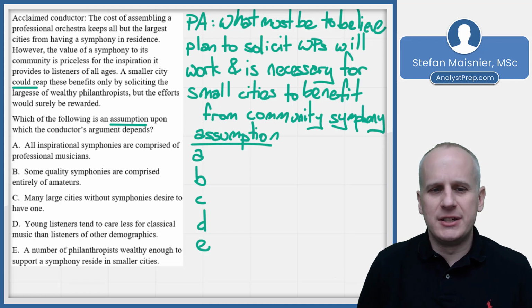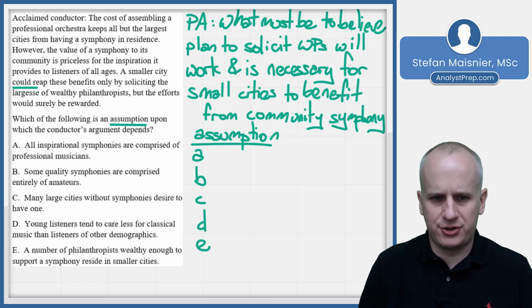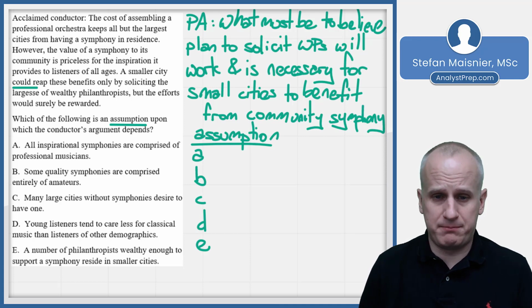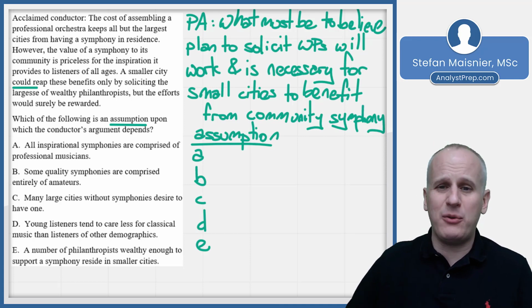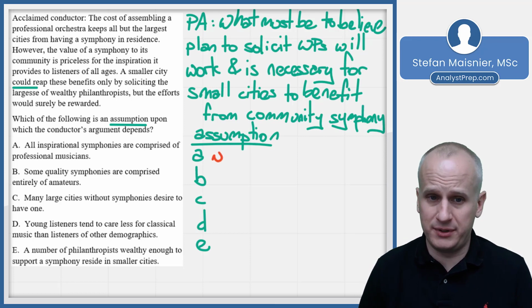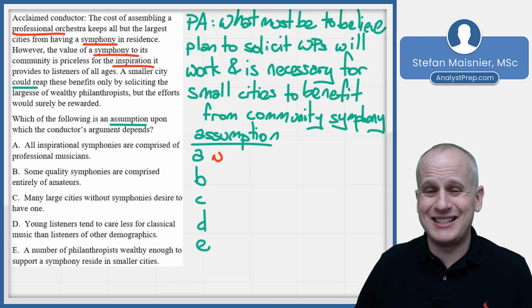So all inspirational symphonies are comprised of professional musicians. So we're at least talking about the relevant pieces here. And at worst, I'd probably hold this with our little tilde because we see the word inspiration up here. We've got professionals. We've got symphony all over the place. So we're at least using the right terms.